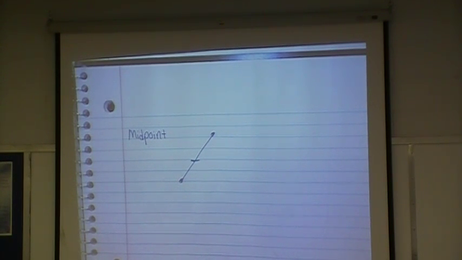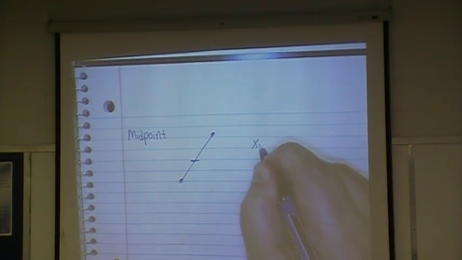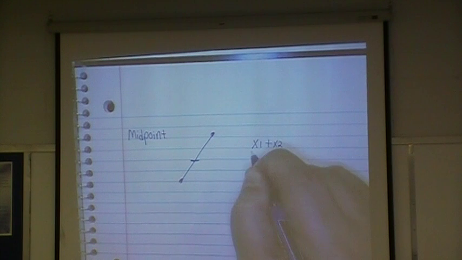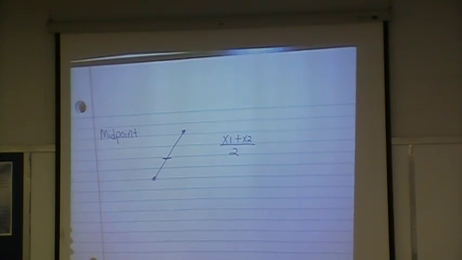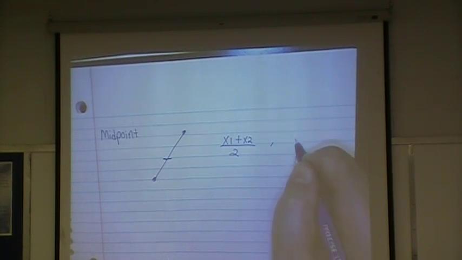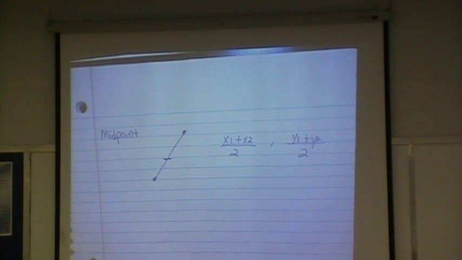The midpoint also has a formula: x1 plus x2 divided by 2. In other words, you're going to add your x's together and divide by 2. Not hard. Comma, y1 plus y2 divided by 2.